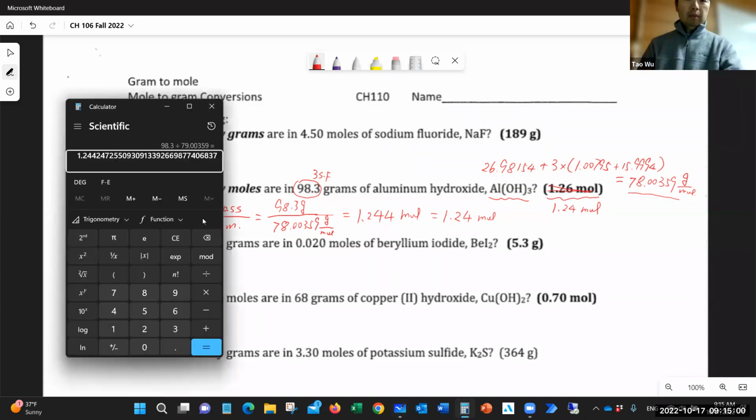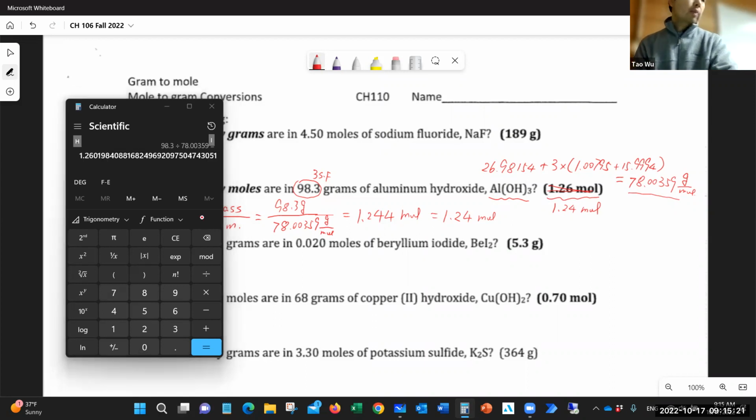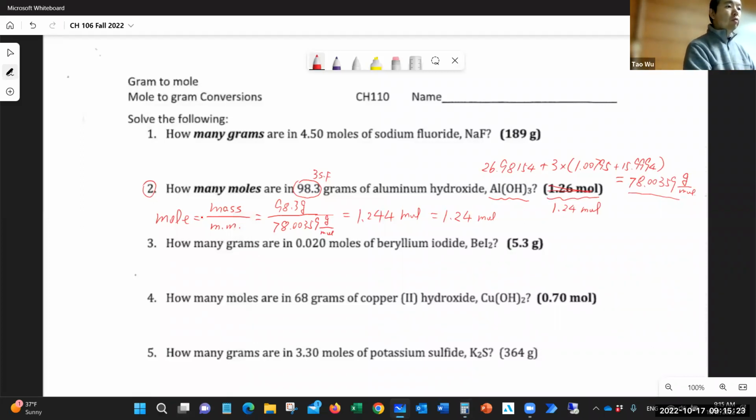Let me do one more time. Oh yeah, my mistake. It should be 98.3 divided by 78.00359, and I typed 79.00359. Okay, 1.26, so that makes sense.